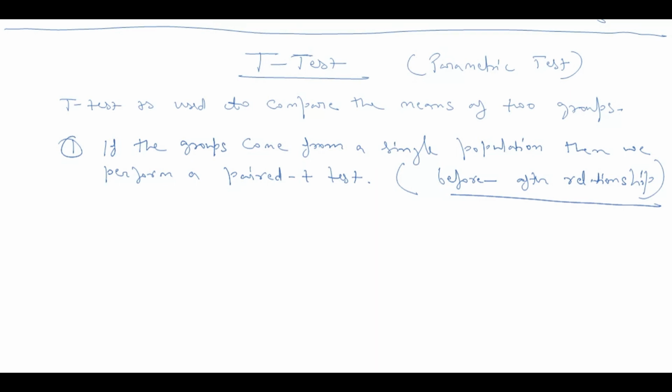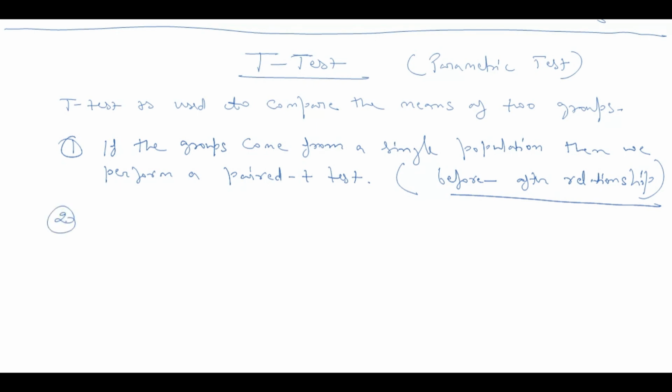So we will compare the means of both the groups. Our null hypothesis in that case would be that the mean BP of the group is the same before taking the medicine and after taking the medicine. So if our null hypothesis is accepted, that would mean that the new medicine has no effect on the blood pressure, right? So this is the first condition.